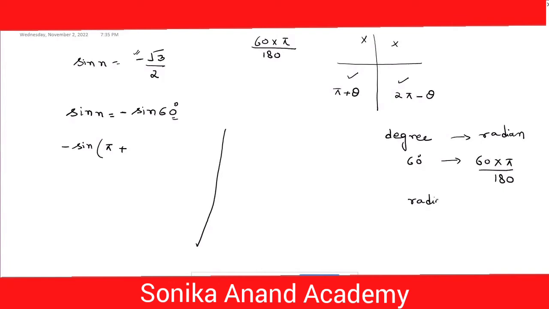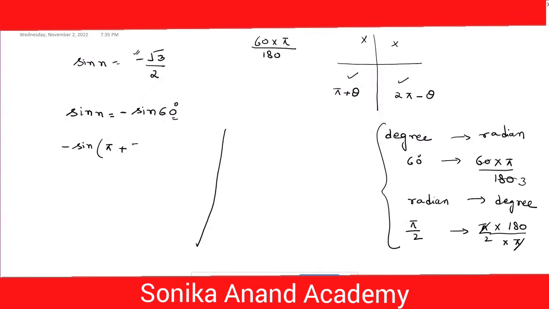And if we convert radians to degrees, for example pi by 2, then we have to multiply by 180 by pi. Please note it down. It will be helpful whenever you get confused. So this will be pi by 3. Please note it for the future. If you forget, you can check from here. I'm noting everything.